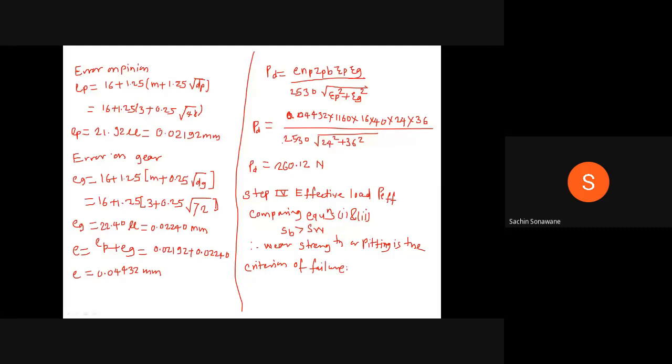Therefore, write down this. Comparing equations 1 and 2, SB is greater than SW or SW is less than SB. Therefore, wear strength or pitting is the criterion of failure.